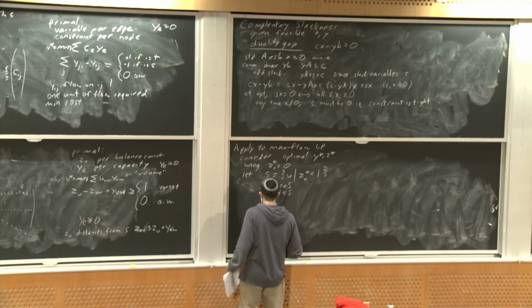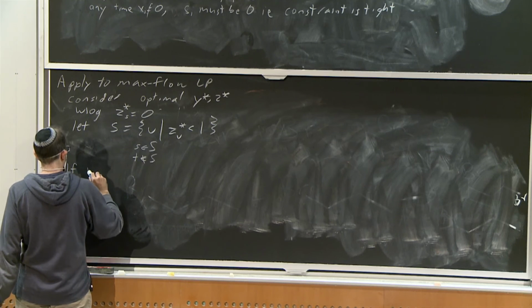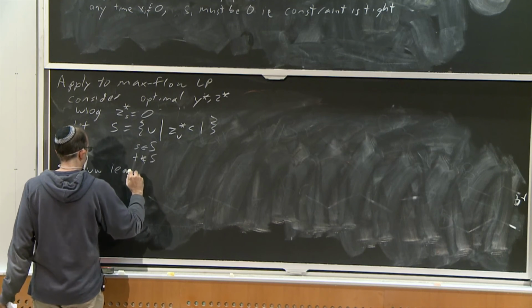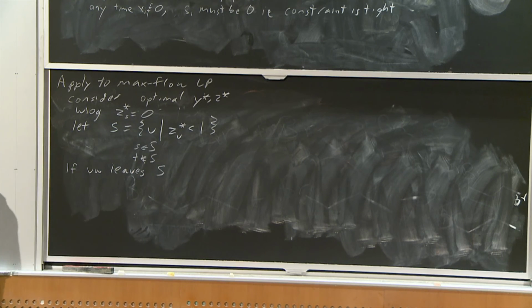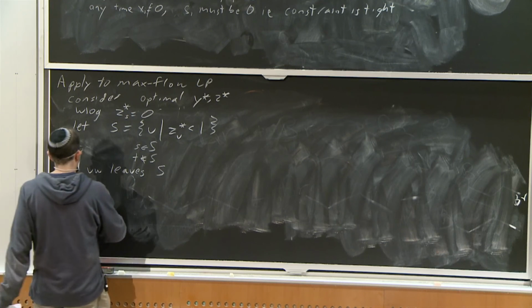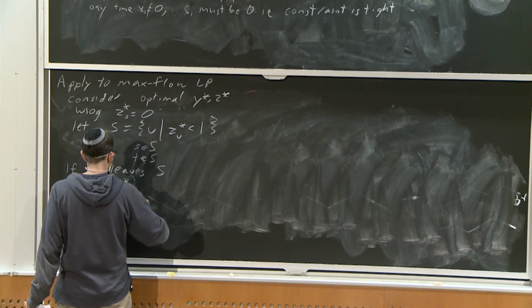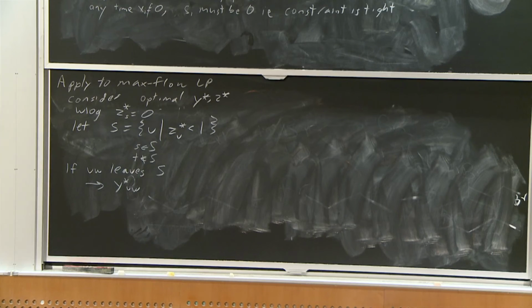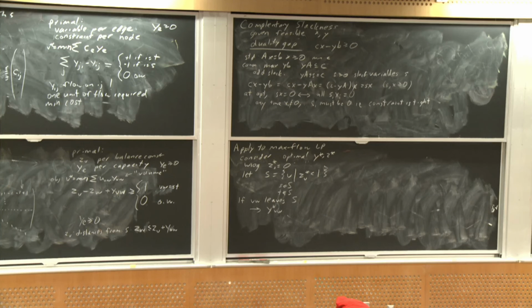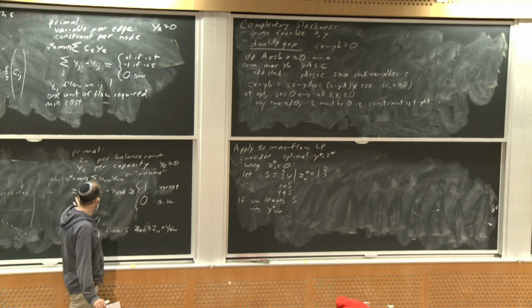Now we're going to use complementary slackness. So if the edge VW leaves the set S, what does that mean about the value of y star VW? It's non-zero.